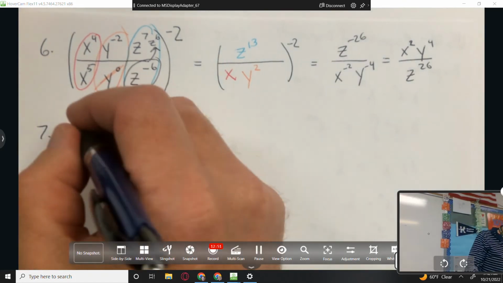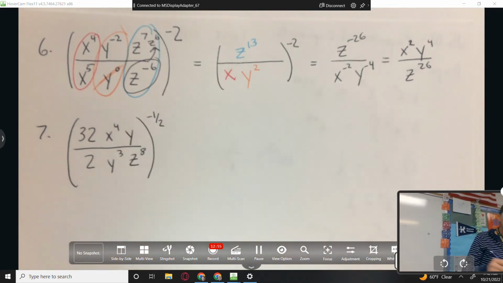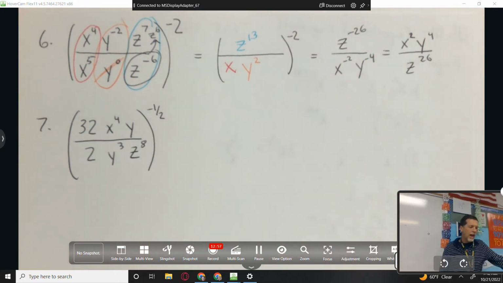We're going to put all of that to the -1/2. So, like we did on the others, let's not worry about the -1/2 first. Let's clean up all the insides, and then we'll worry about the -1/2.